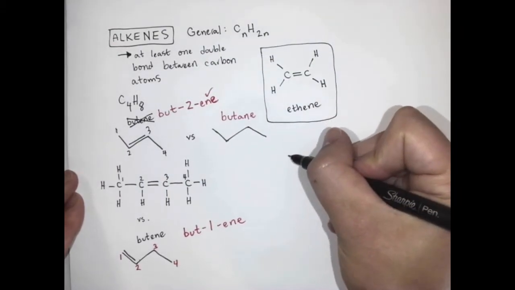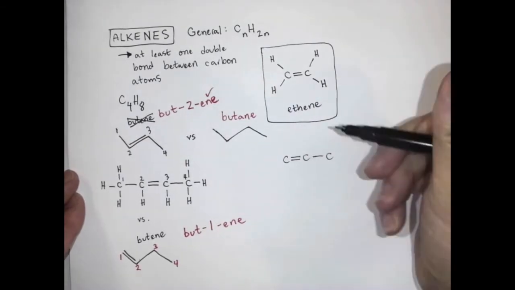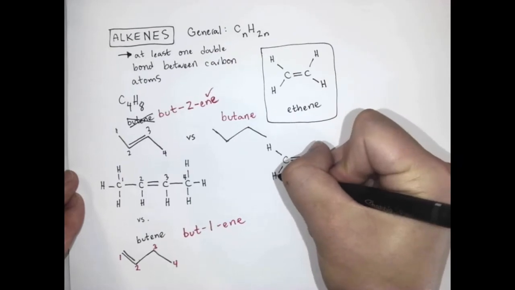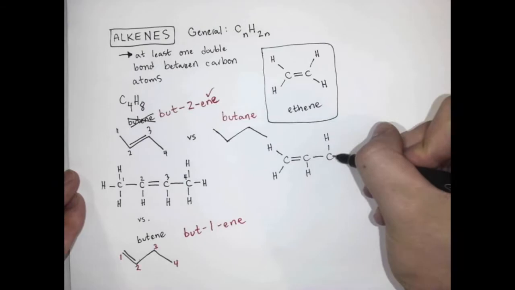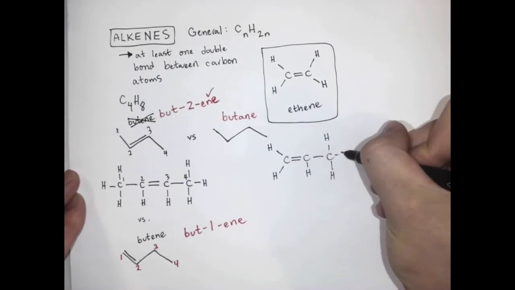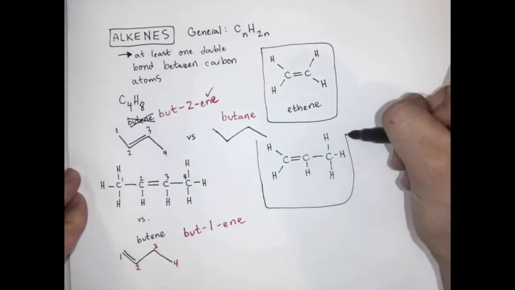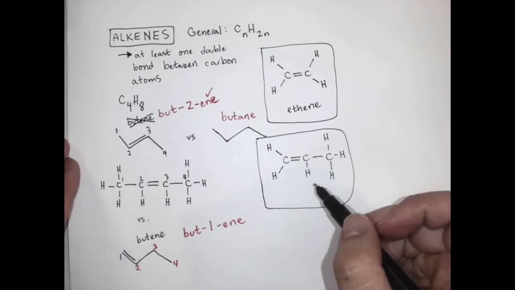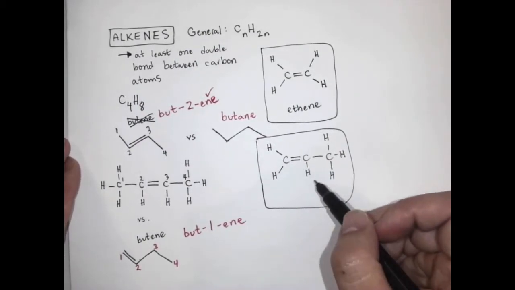If we have a 3rd carbon in there, like that, and then 3 hydrogens, last carbon. I've got 3 carbons in here, so that's the root prop, and I need ene as a suffix to indicate that it has a double bond.